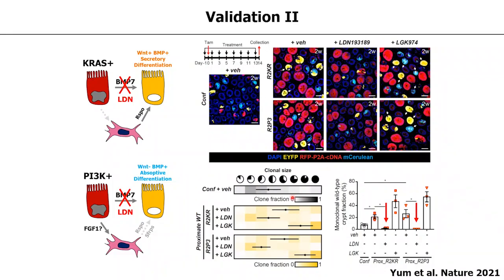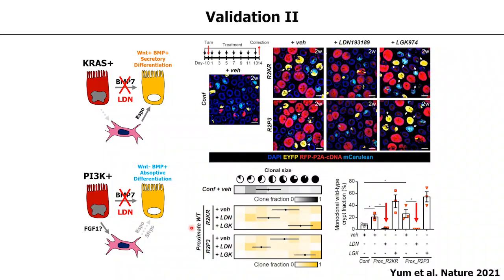As I mentioned earlier, this is the clonal distribution of the confetti mouse. When we look at the yellow clones that are next to the red, in the KRAS mouse and PI3 kinase mouse, the clonal distribution was more toward monoclonality. However, after treating with LDN, this was coming back to normal once again, meaning that if we block BMP, we can alleviate this phenomenon.